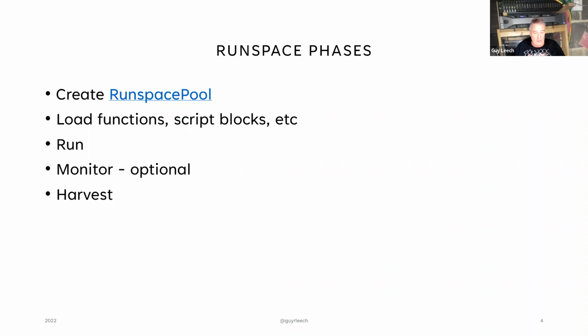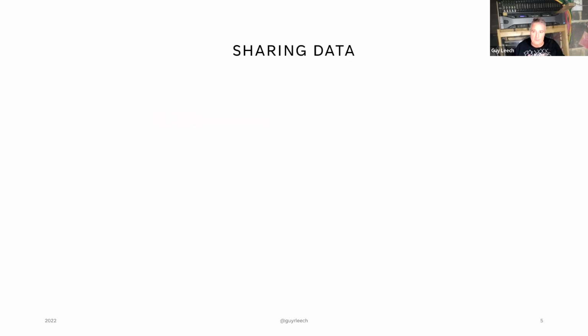Because this is asynchronous, you can then go on and do other things if you need to whilst these jobs are still running. I use the word jobs, they're not PowerShell jobs, but I can't think of a better word. And then we just tear stuff down, and you'll see that's quite important just in terms of cleaning the environment.